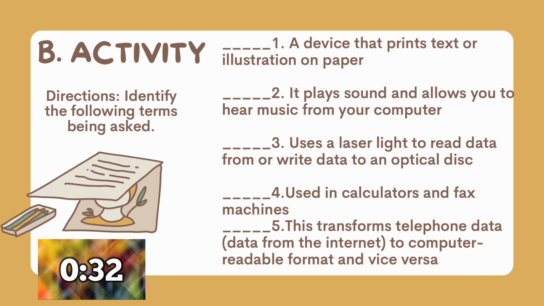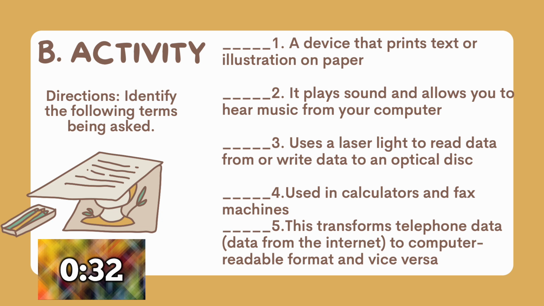Next, number two, it plays sound and allows you to hear music from your computer. The answer is speaker. Next, number three, uses a laser light to read or write data on an optical disc. The answer is optical disc drive.